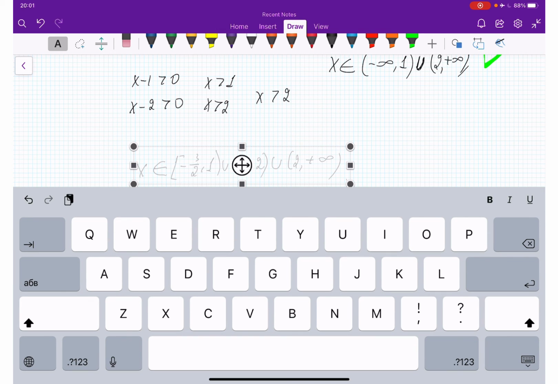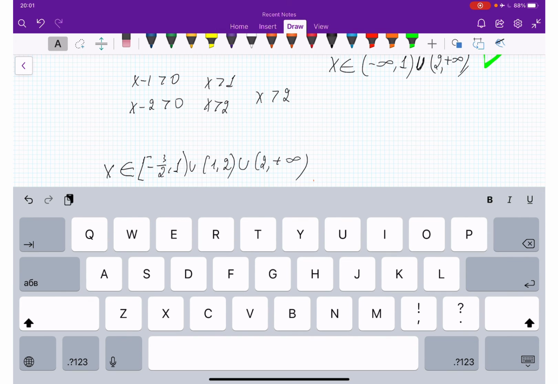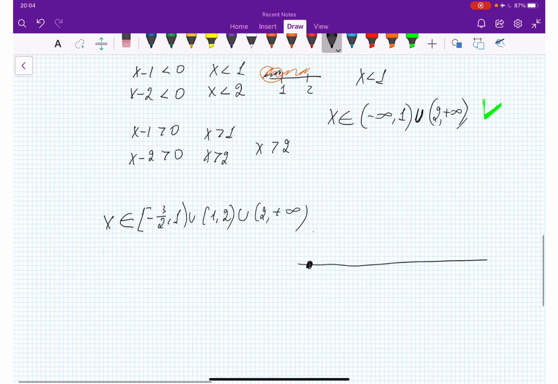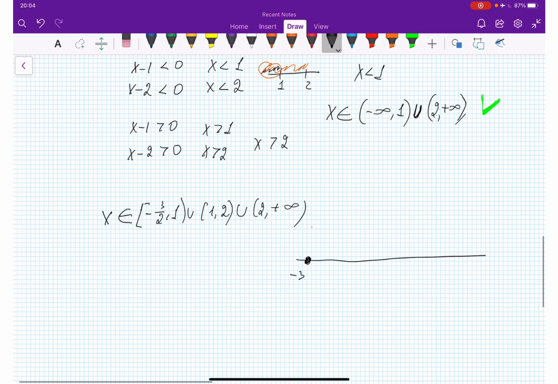Okay. This one is here. And the result is going to be, what points do we have? Negative 3 over 2, a solid point, because negative 3 over 2 is included. Then we have 1 as an empty circle, because 1 is not included.